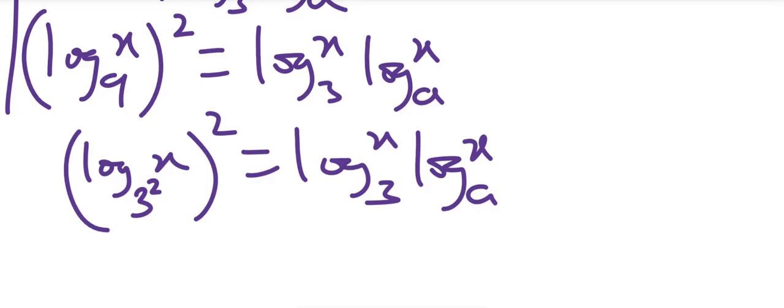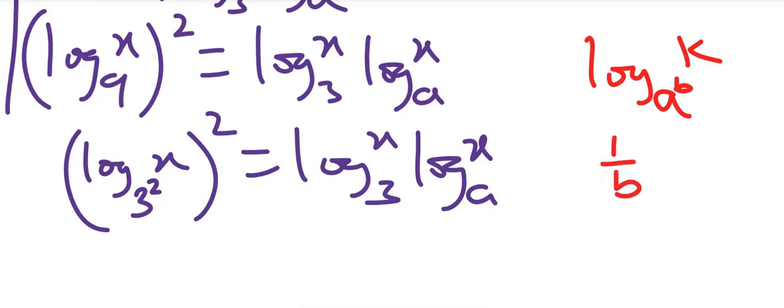Now there's a law which is not common. Most people don't use it. It's not in any textbook, if you check, you won't see it in any text. If I have log k to base a with power b, the b can come to the front as a multiplier, as a fraction.